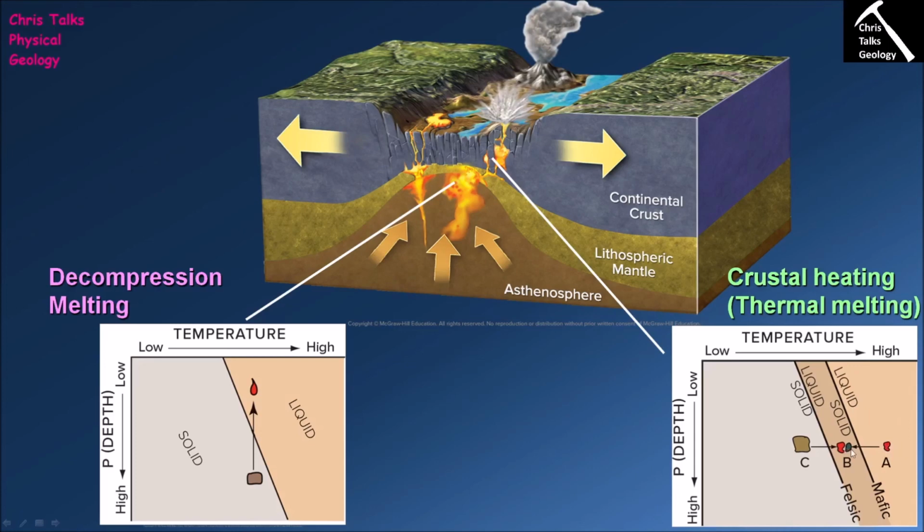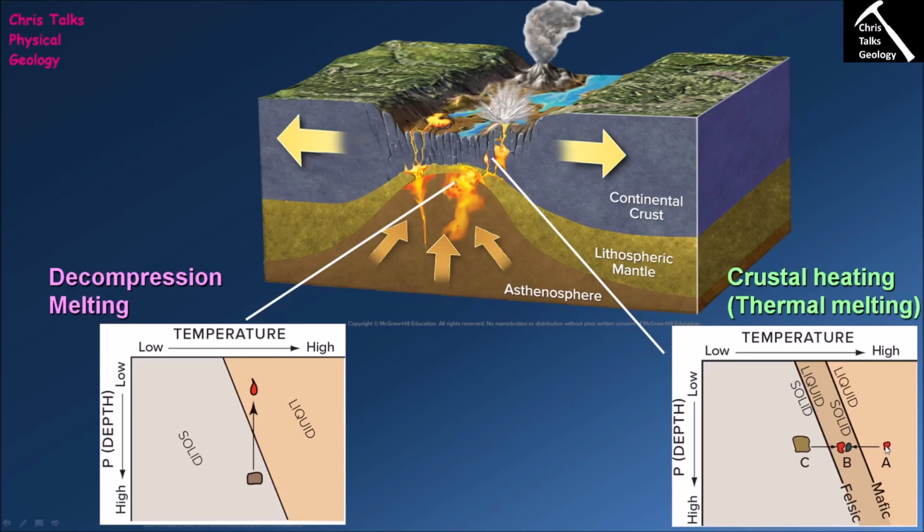Now, by applying the heat from the mafic magma to the continental crust, we drive the continental crust to the right, and it crosses over the felsic solidus there. Okay, and so our granite will start melting right there to produce felsic magma.